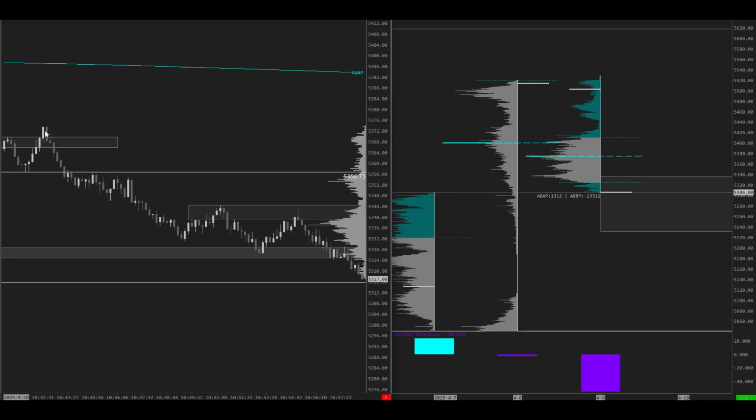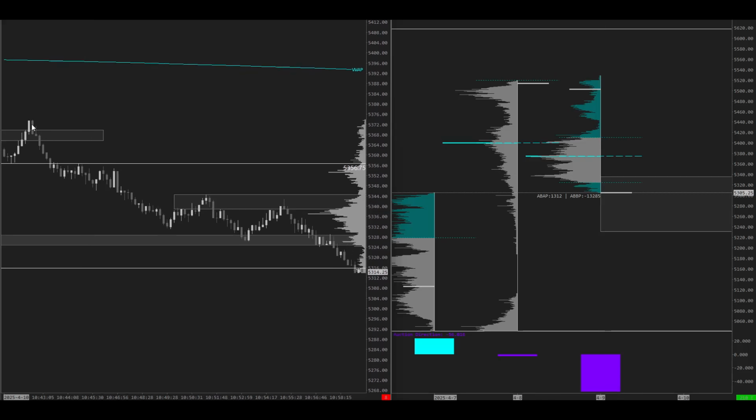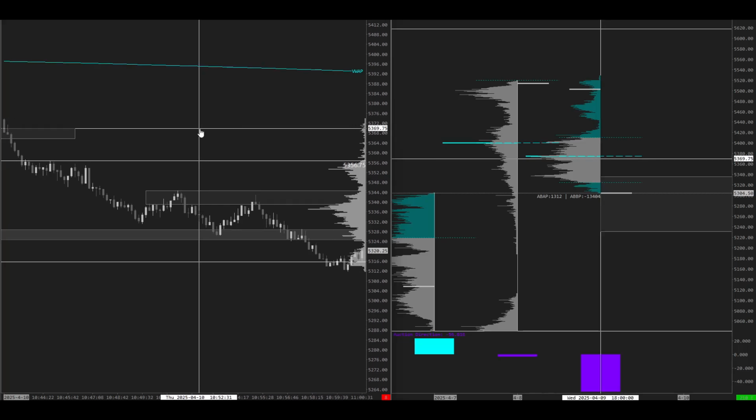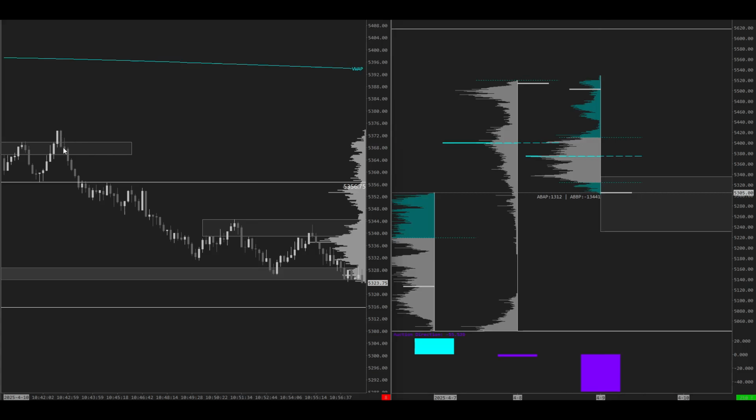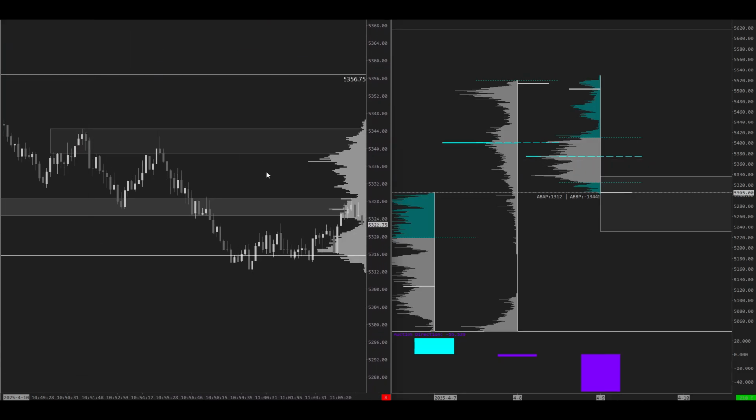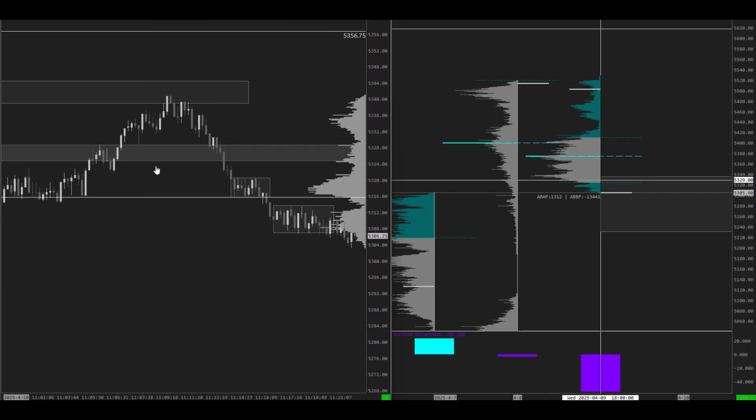This was one here too. Very quick rejection of that area, runs away from it. So you can't see that on a higher time frame chart. There could have been a lot of auctioning up above. You wouldn't really know.